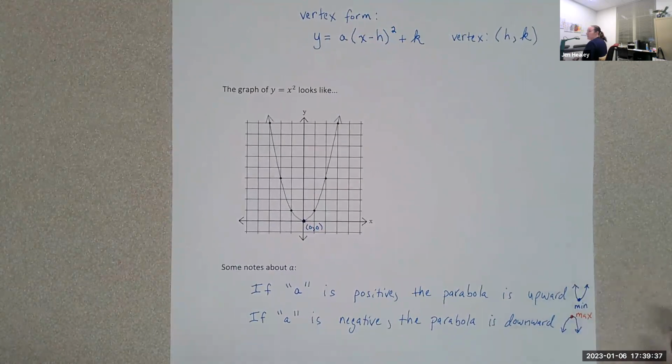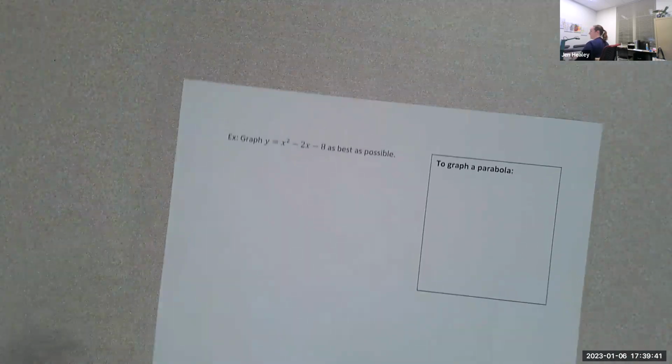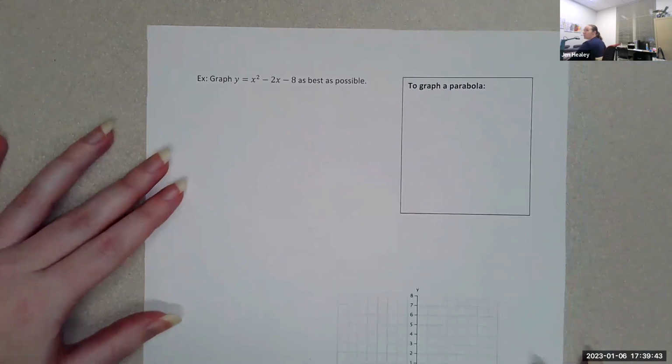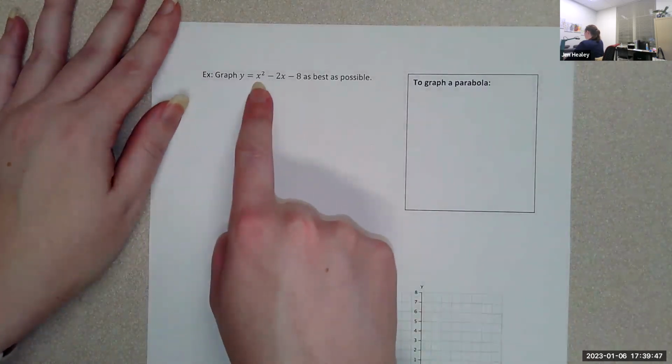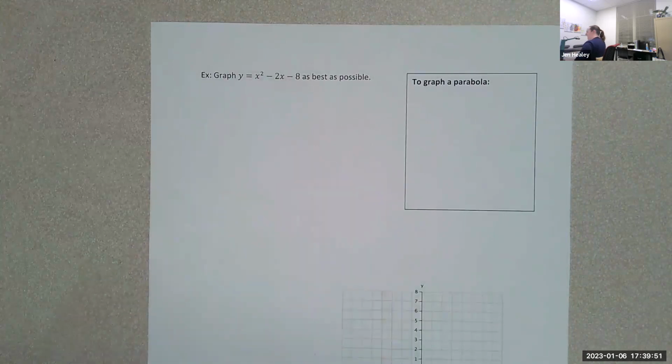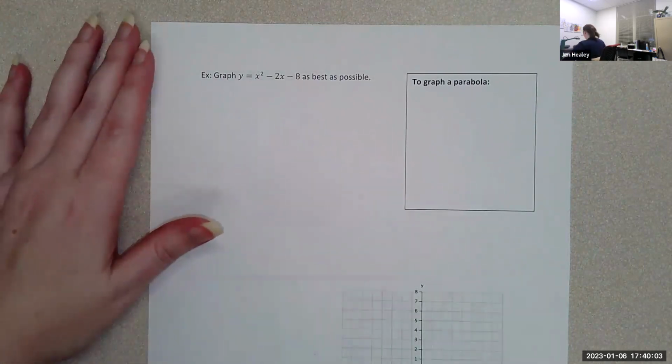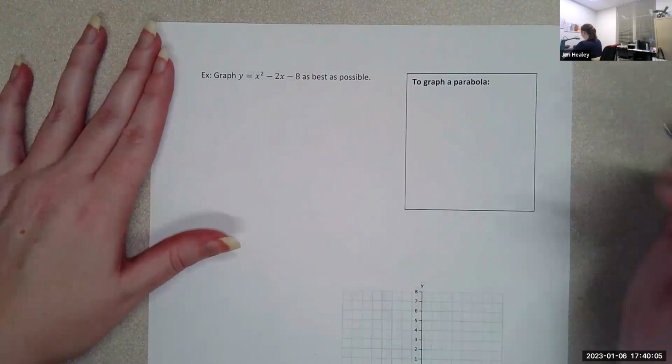What we're going to do is use this information now, along with some other tricks, to help us graph a parabola. And so we have a parabola here, y is equal to x squared minus 2x minus 8. And we're going to follow some steps in order to graph a parabola that's written in this form. So in order to graph a parabola, we need some information. We need the vertex for the parabola because that's our most important point.